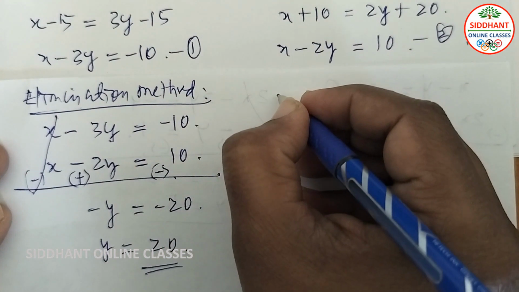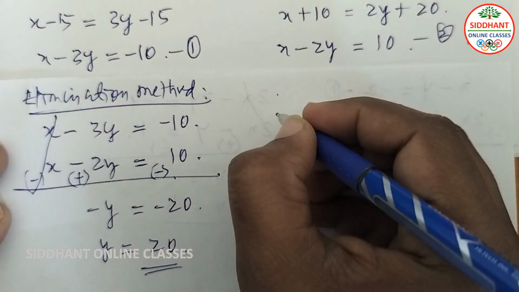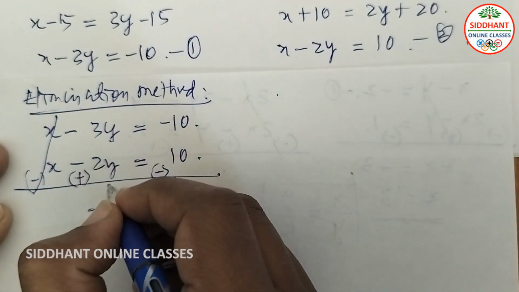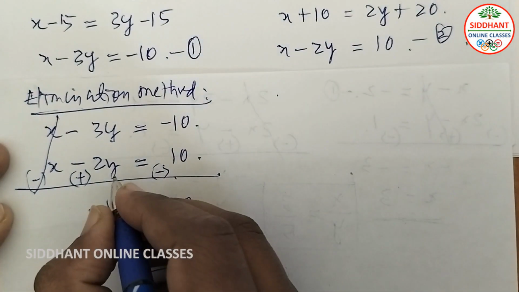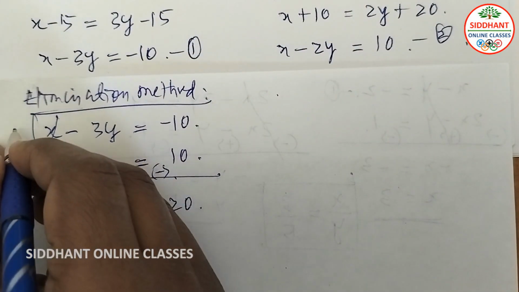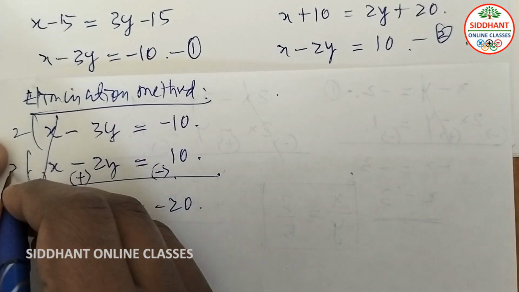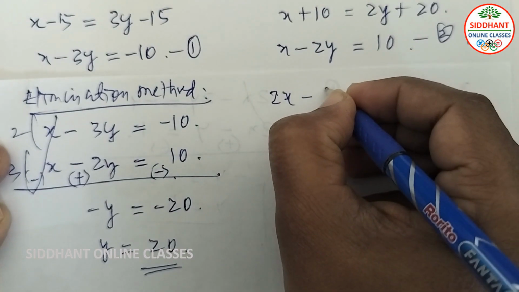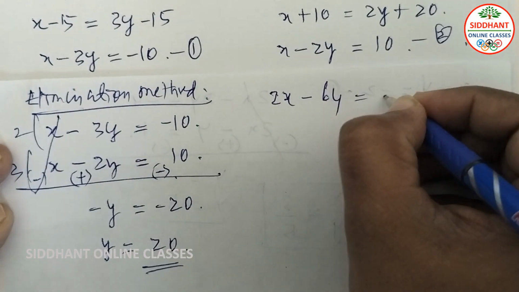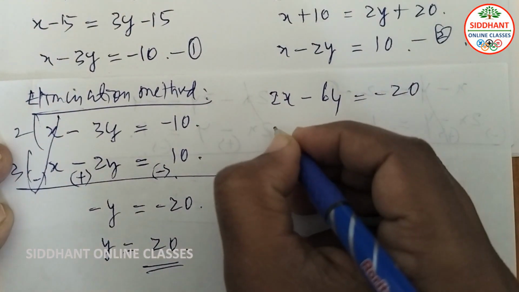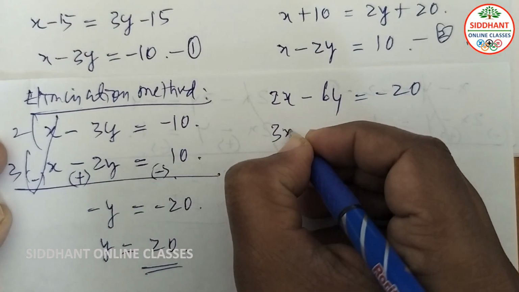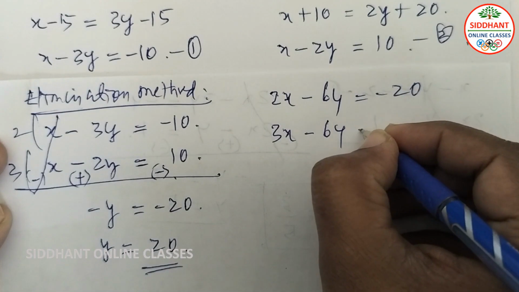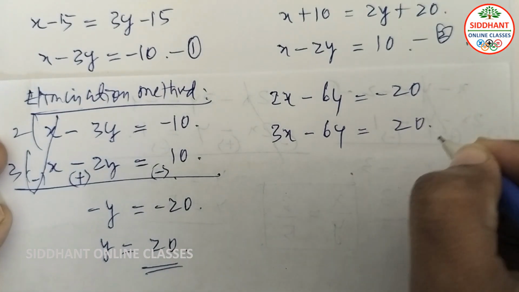Now we are going to see x value, which we are going to multiply first equation with 2 and second equation with 3 here. Now we get 2x minus 6y equal to minus 20 here, and here we multiply 3x minus 6y equal to 20 here.